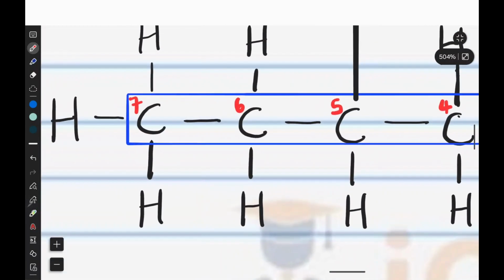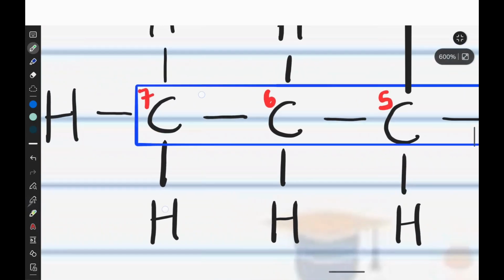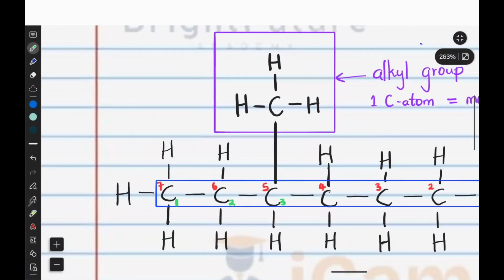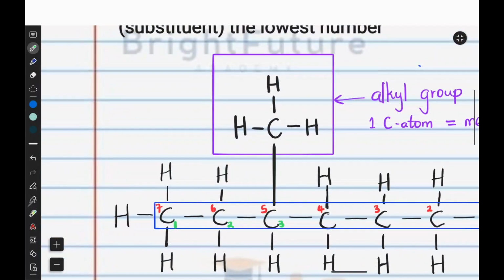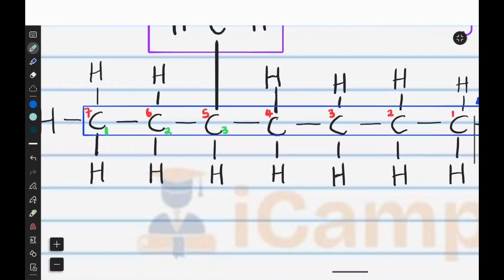Now what if we start numbering from the left now to the right? Okay, if we do that, we'll then have 1, 2, 3. Now, if we number from the left to the right, we find that the alkyl group is located on the 3rd carbon, okay, which is lower than when we are numbering from right to left.